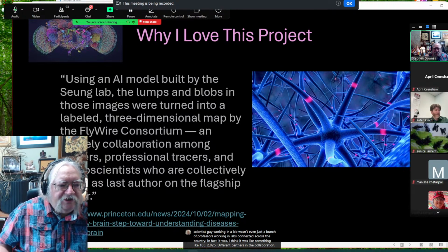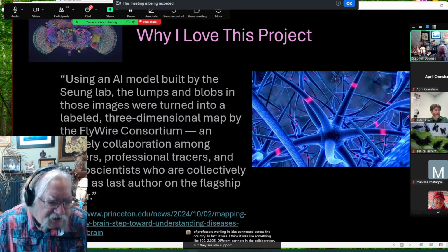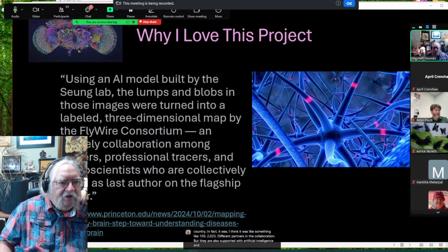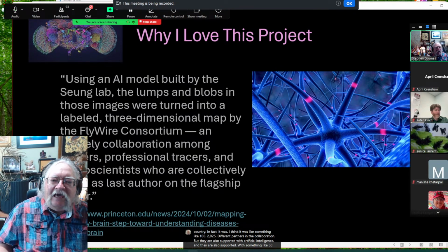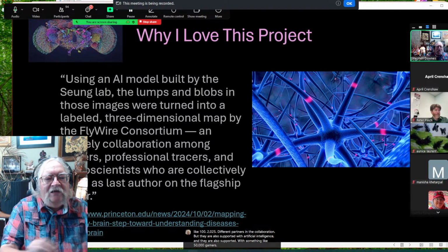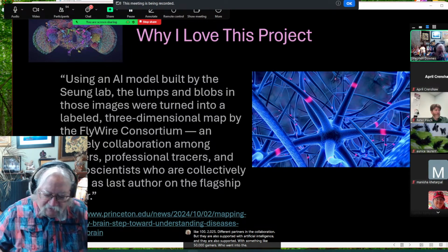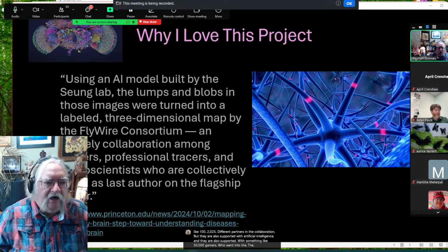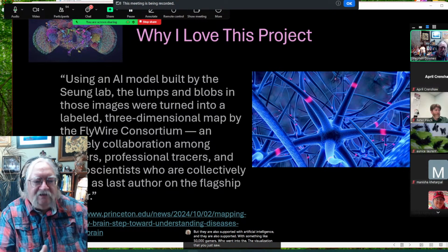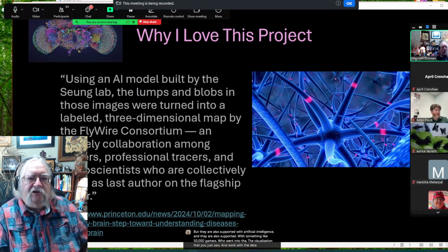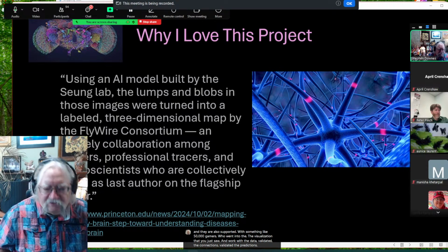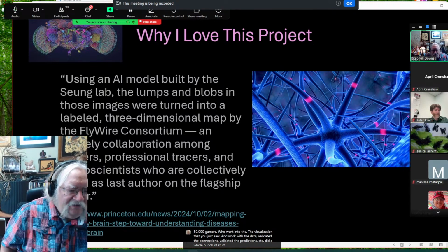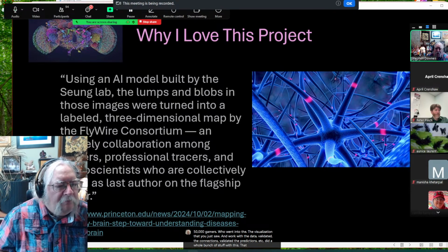But they were also supported with artificial intelligence, and they were also supported with something like 50,000 gamers who went into the visualization that you just saw and worked with the data, validated the connections, validated the predictions, etc. Did a whole bunch of stuff with this that actually made this project possible.